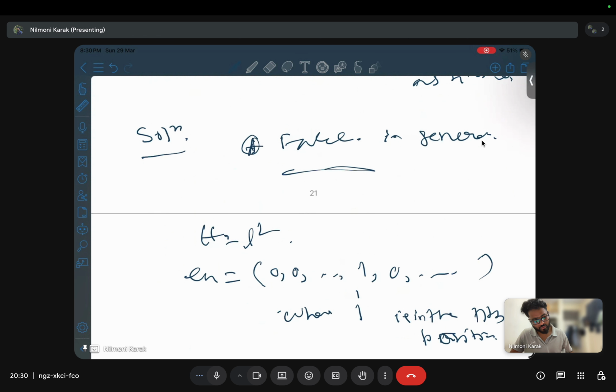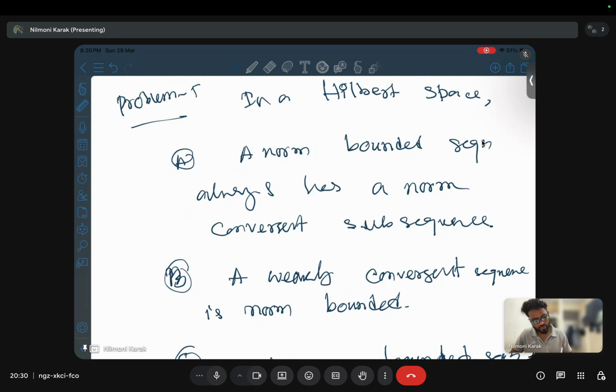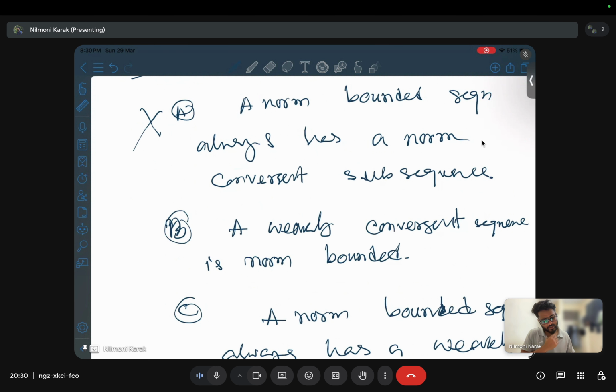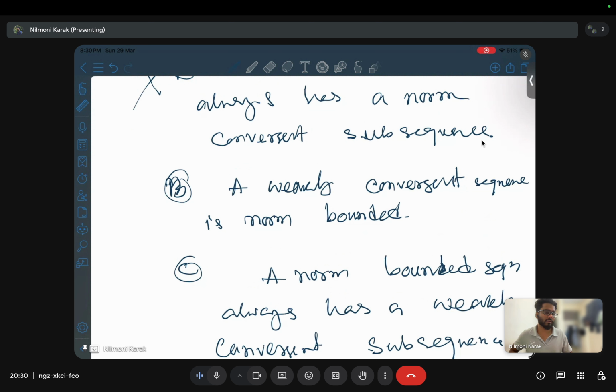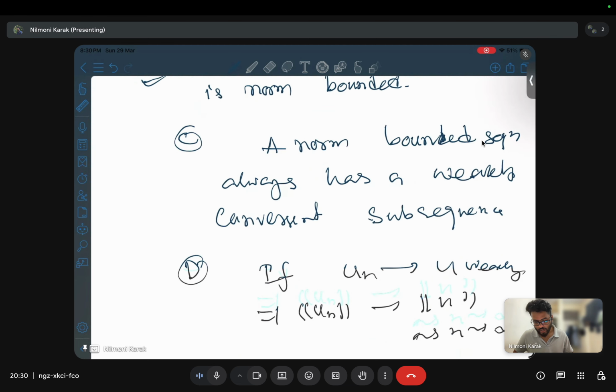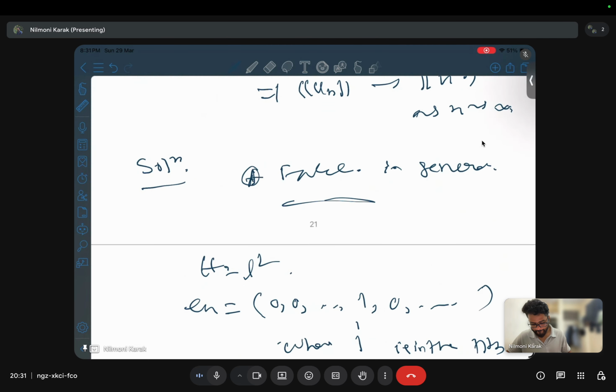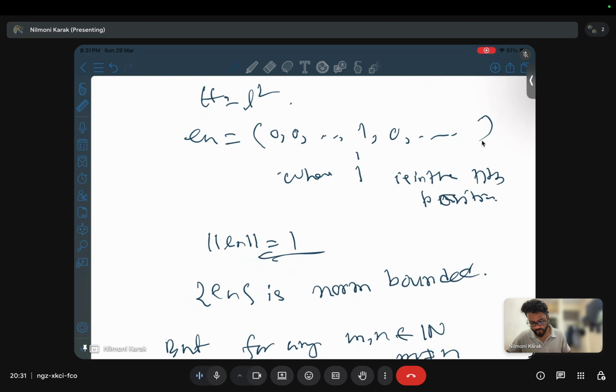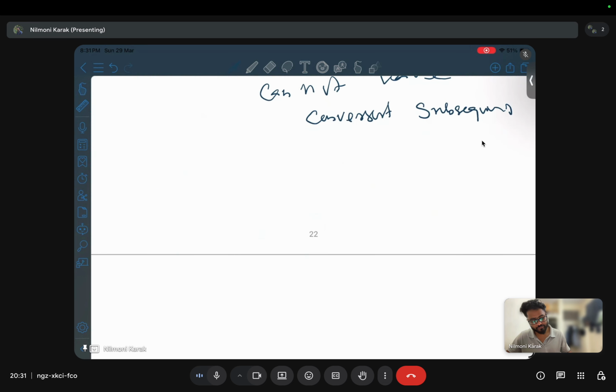So this is not true. Now, a weakly convergent sequence is norm-bounded. This is exactly what we have studied in the theorem, so this is true. We can do it by the Banach-Steinhaus theorem.